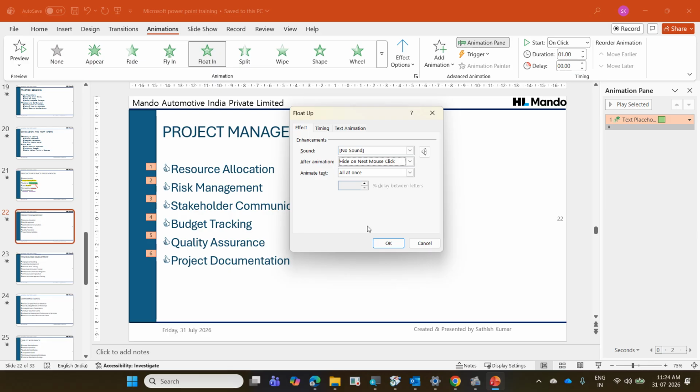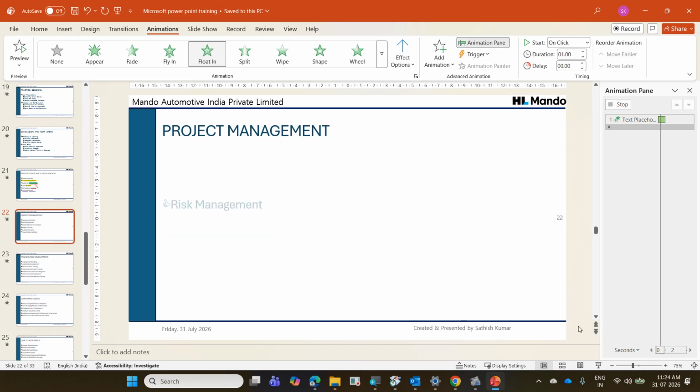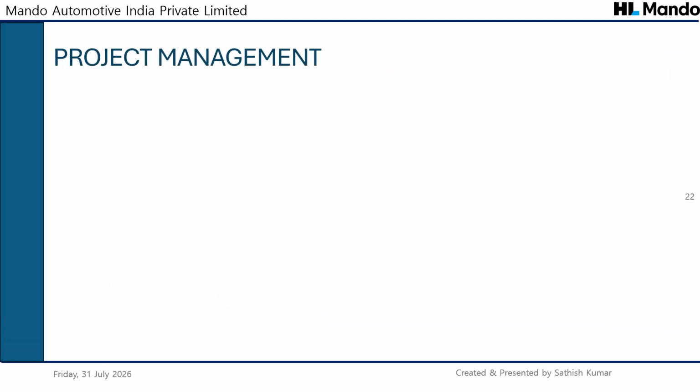Click. First point will appear. Then click. First point is disappearing and you will get only the second point. Click. Second point is disappearing. Third point. Fourth point is disappearing. Fifth point. So one by one, one point at a time.